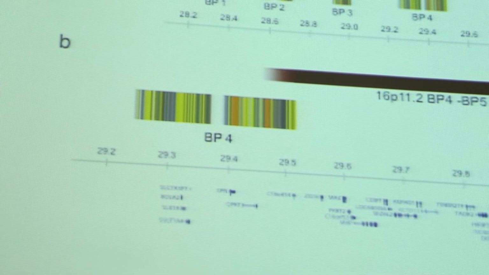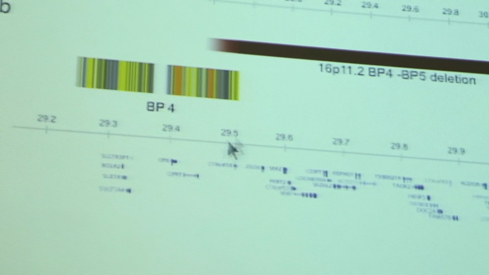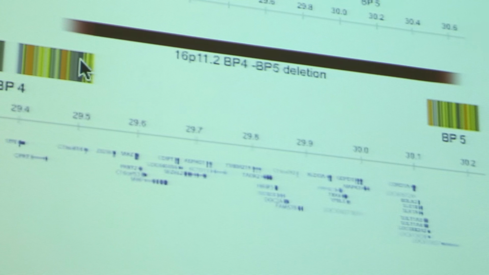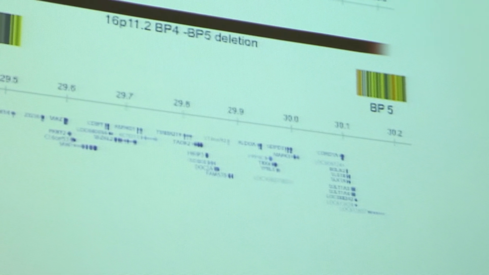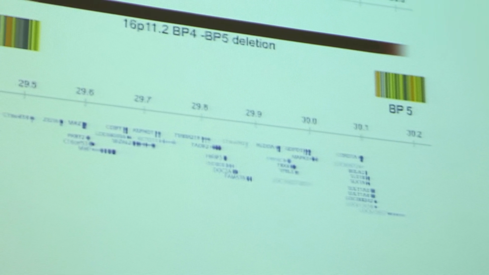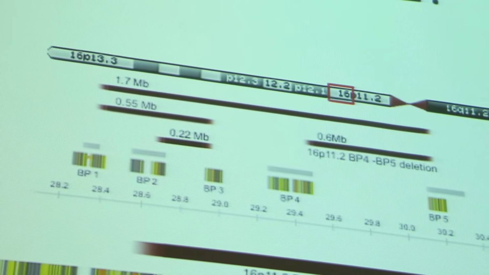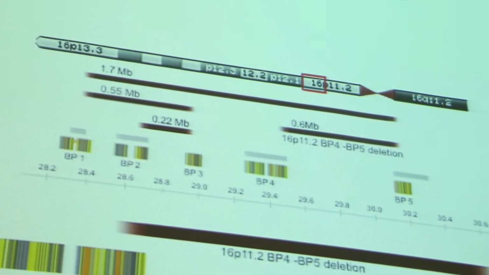And these are the genes that are indecipherable, I apologize. But the point is that this region, it's about 500 to 600 million letters of DNA. There are 30 genes in here. And the reason why these are called breakpoints is because it turns out that this stretch of DNA looks very much like this stretch of DNA.